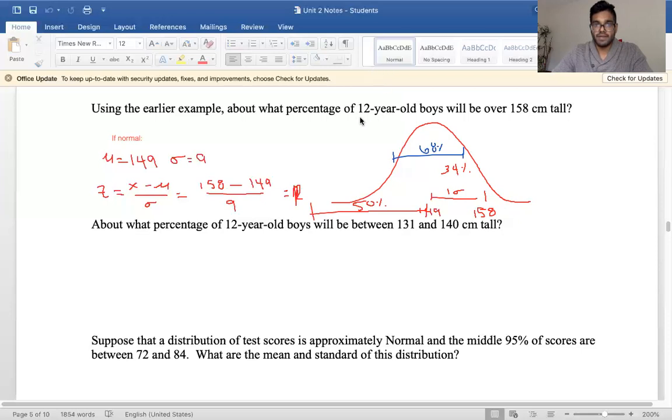So from the beginning all the way to this spot at 158, that's this 50% plus the other 34, and that makes 84%.